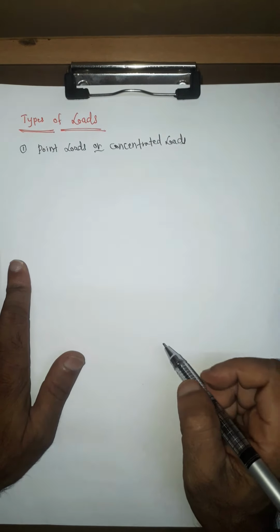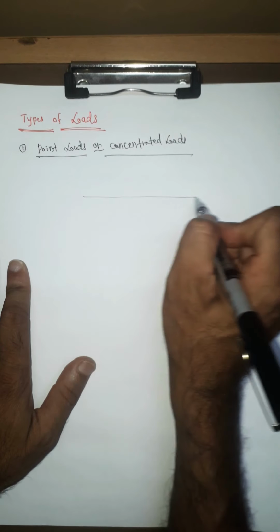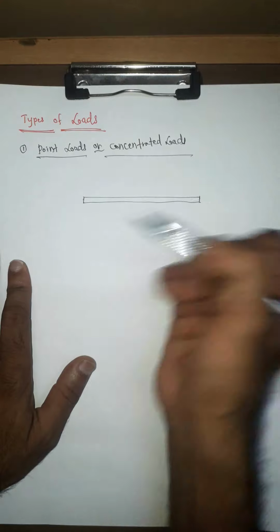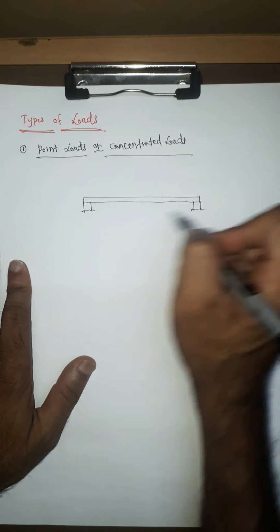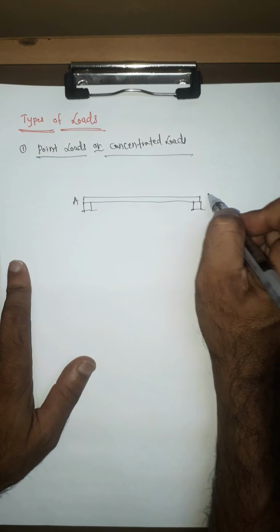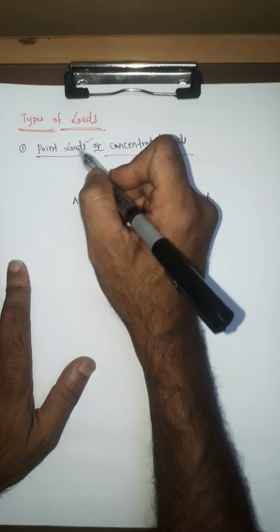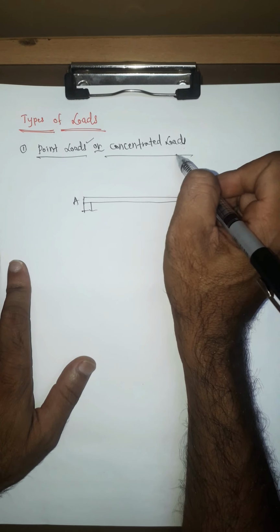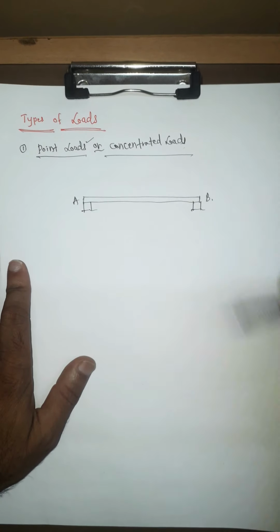Now we are dealing with only loads. Supports may be roller or hinged or whatever it may be. This is A, this is B. As the name indicates, the load which will be concentrated at one point is called as point load or concentrated load.